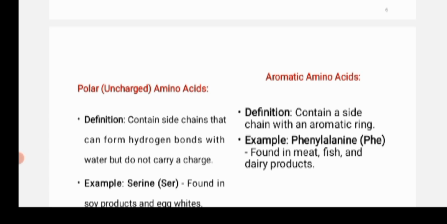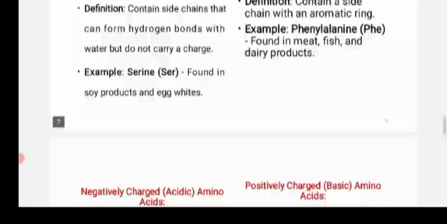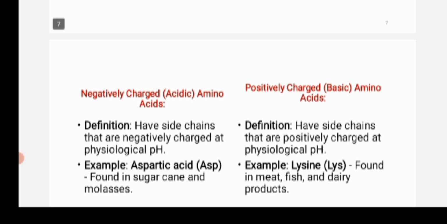Aromatic amino acid contains an aromatic ring in its side chain. The best example of an aromatic amino acid is phenylalanine. It is found in meat, fish and dairy products. Negatively charged amino acid has a side chain that is negatively charged at physiological pH.